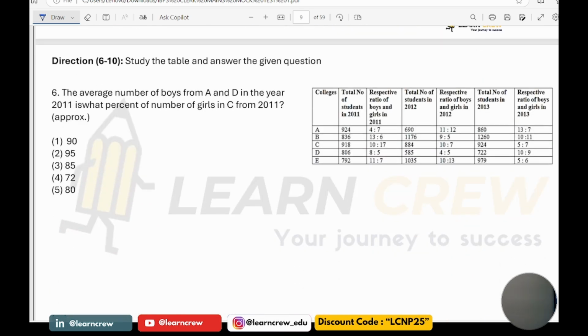1024. Next, questions 6 to 10 are based on DI. The average number of boys from A and D in the year 2011 is what percent of the number of girls in C in 2011.